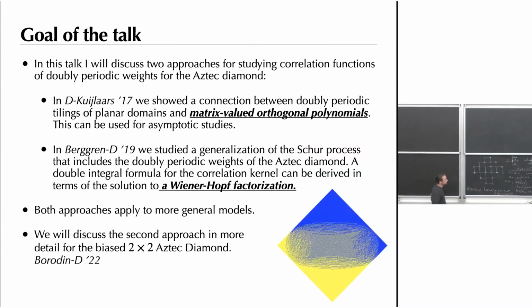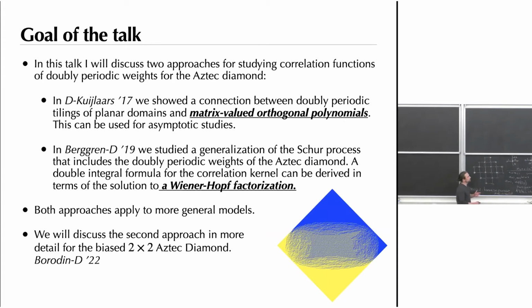What I want to talk about today is two approaches to study these correlation functions, not using the inverse Kasteleyn matrix, but the non-intersecting paths picture. We have developed two different approaches. One is an orthogonal polynomial approach, slightly different from the usual one you would expect for these models, which I developed with Arno Kuijlaars some years ago.